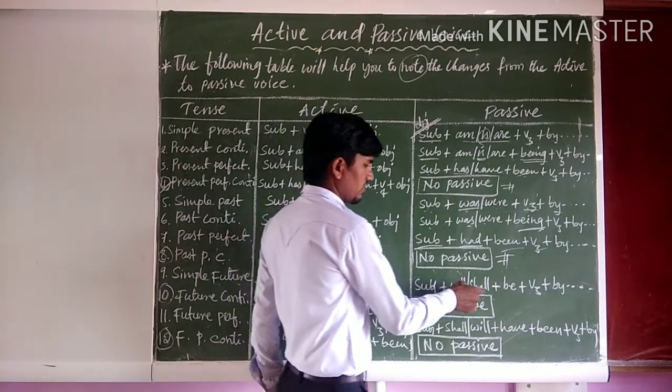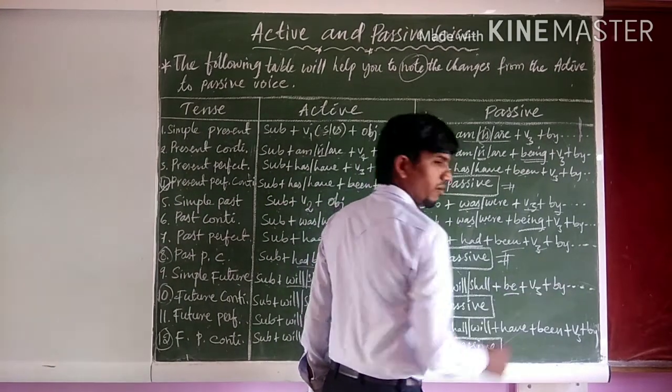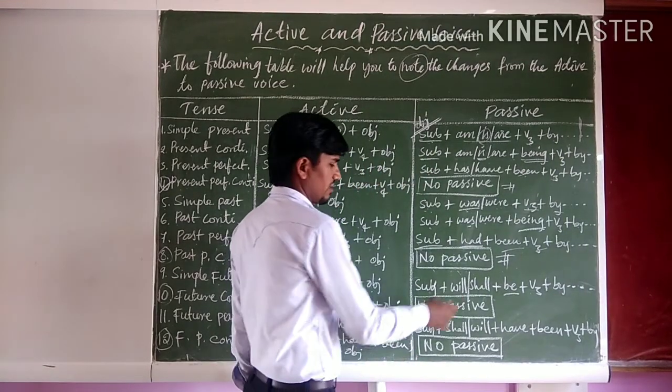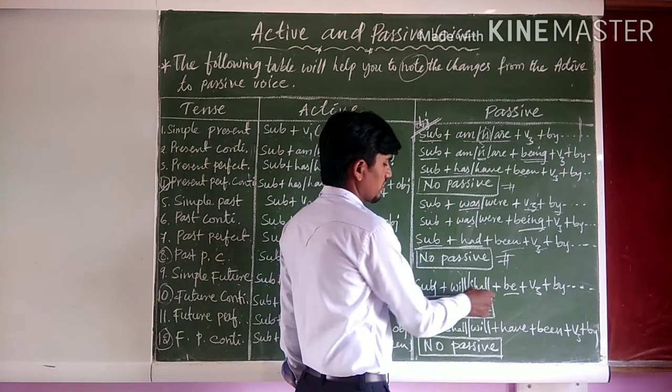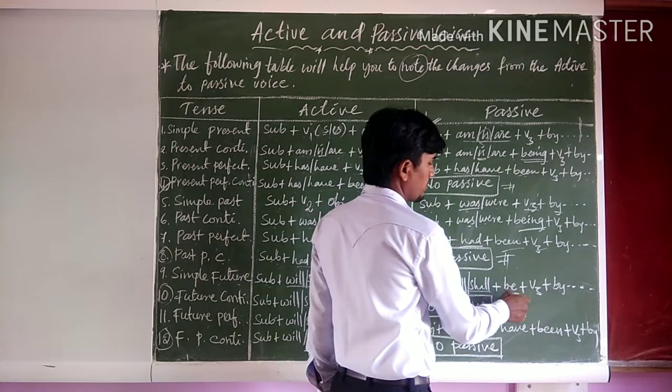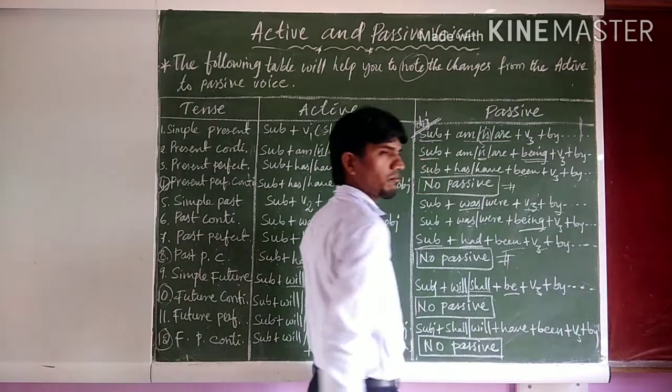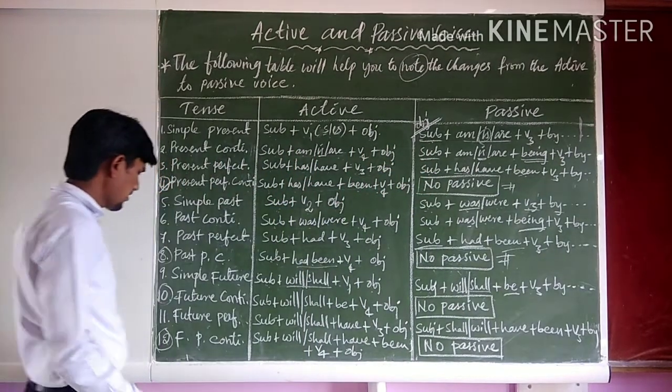A letter will be written by him. Therefore, the passive structure is subject plus will or shall plus be plus V3 plus by prepositional phrase.